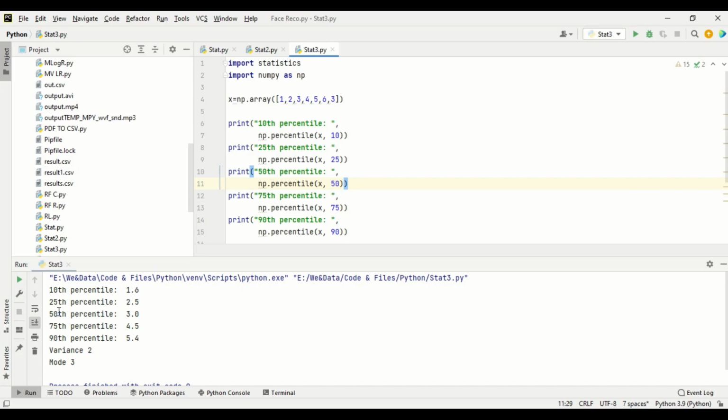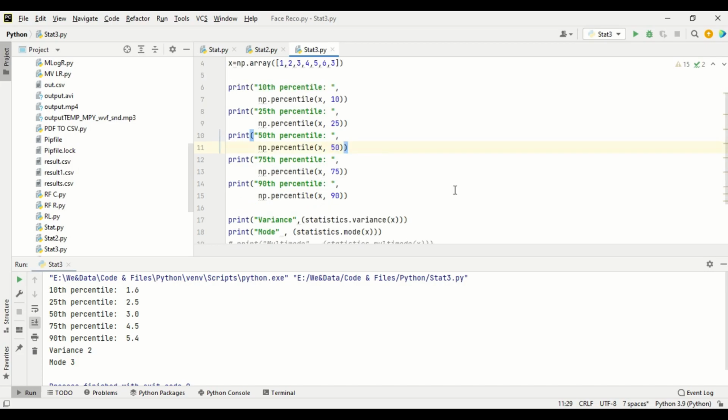Similarly for the 25th percentile it is 2.5. For 50% it is 3.0, which tells 50% of the data occurs below 3.0 and 50% of the data occurs above 3.0. Then for 75 it is 4.5 and for 90 it is 5.4.